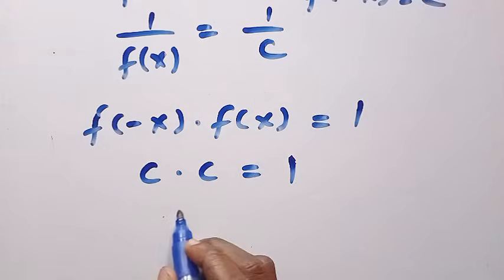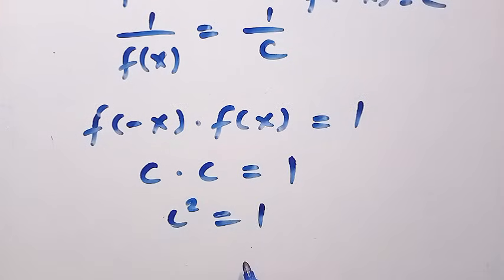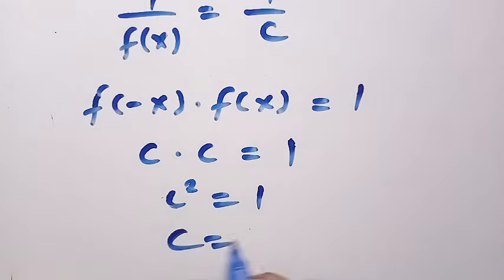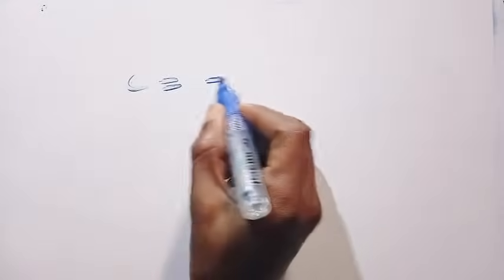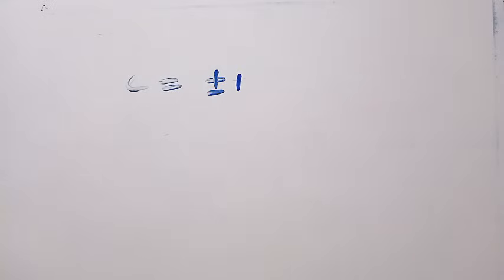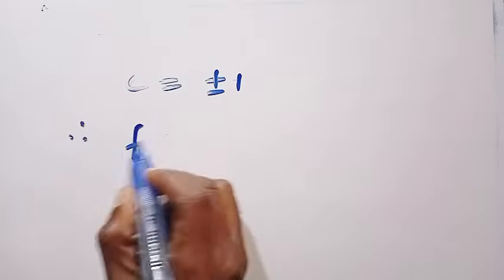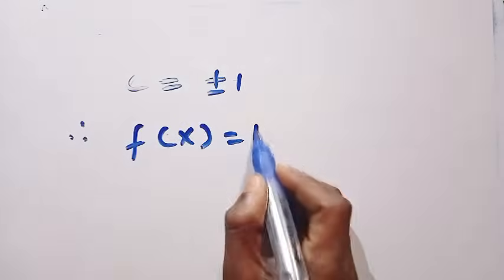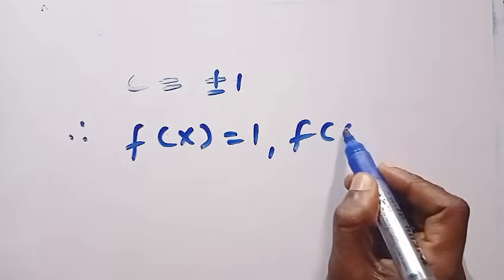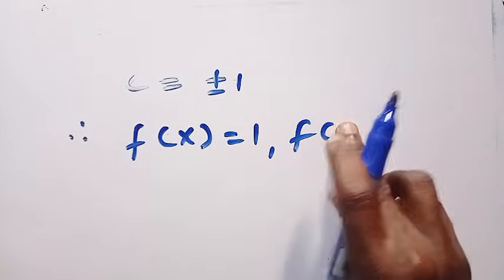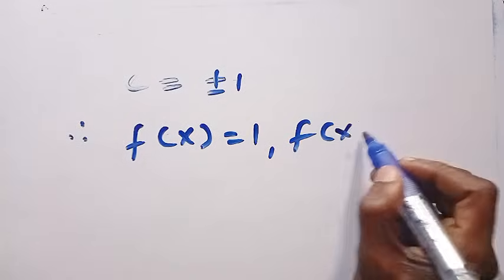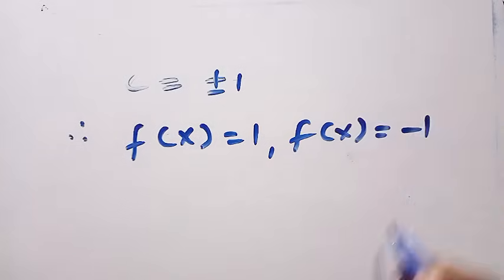Therefore, c squared equals 1, and so c equals plus or minus 1. So our f of x will be equal to 1, and f of x will also be equal to minus 1.